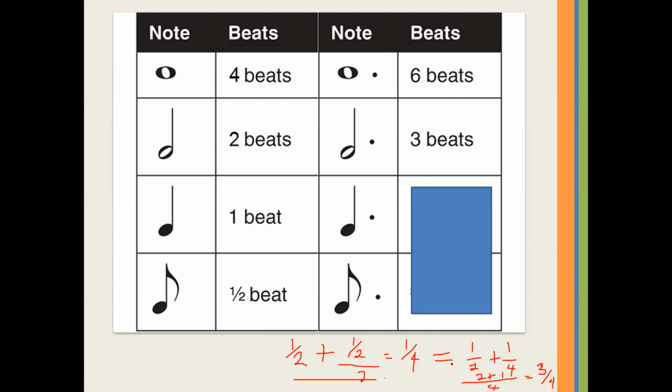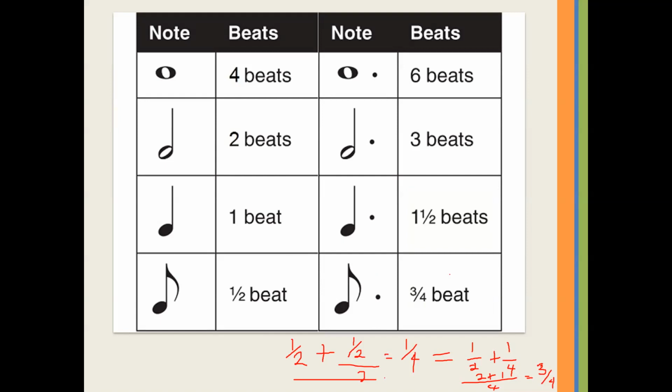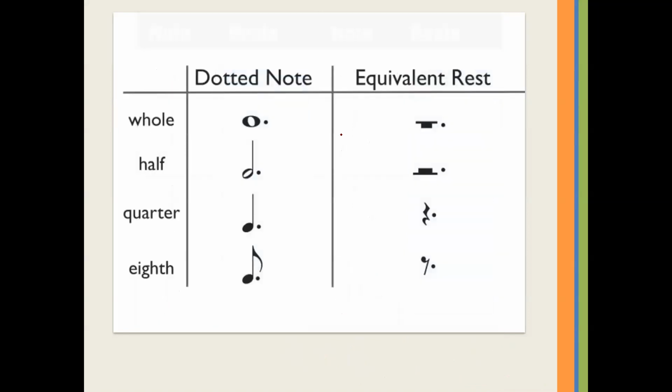Is that fine? All good. Great. So we're going to have 3/4 beats. And if we do the same thing, we have 1.5 for that one. Okay, so let's continue.